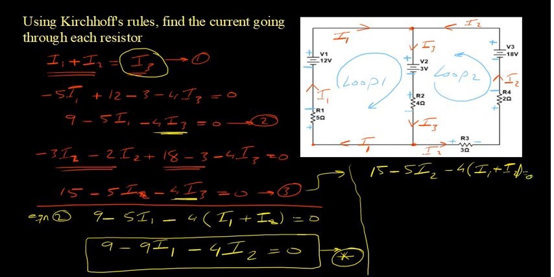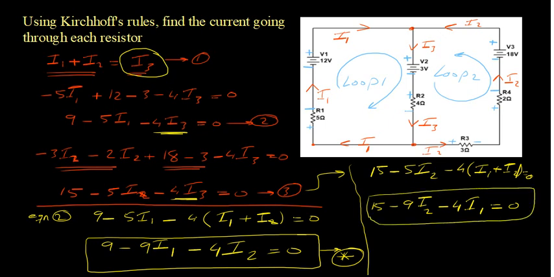That will give me this equation. 15 minus 9 multiplied with the second current minus 4 multiplied with the first current, and that will equal 0. This is the new version of equation number 3. I will name it double star.